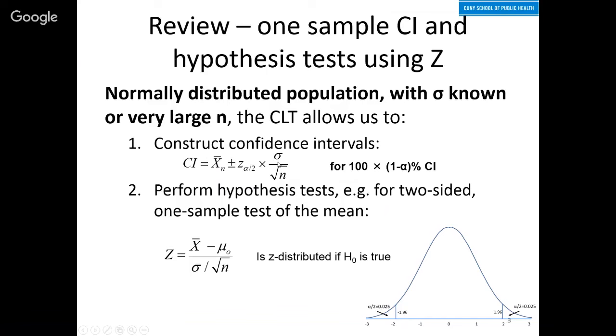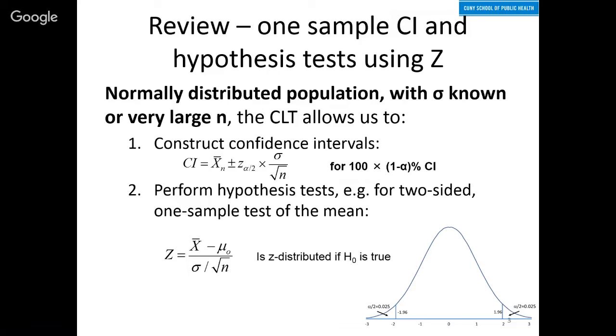If it is a known standard deviation, then we would use the Z distribution. And for a given confidence level like 0.05, we would use the critical value of that test statistic for 0.025, or half of that. And this is the so-called margin of error that we go above and below the sample mean.